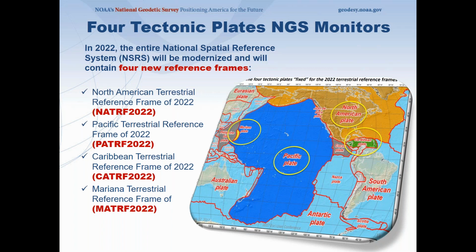But now, through the advent of GPS and studying this, we know that we have 4 plates. So we're going to have a North American terrestrial reference frame, a Pacific terrestrial reference frame, and a Caribbean and a Mariana terrestrial reference frame. All these are going to be separate, but we can go from one to the other. We'll have ways of moving from one to the other for you.